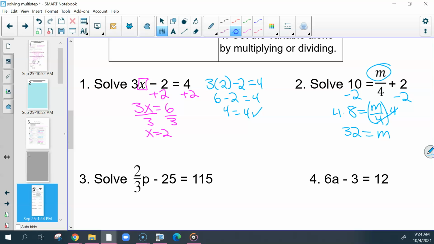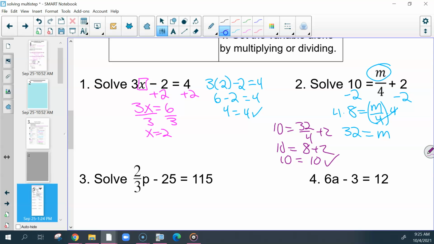And we're going to put this back in and make sure it works. Divided by 4 is what? 8 by 8. Plus 2 is 10. So that does work. Yes.